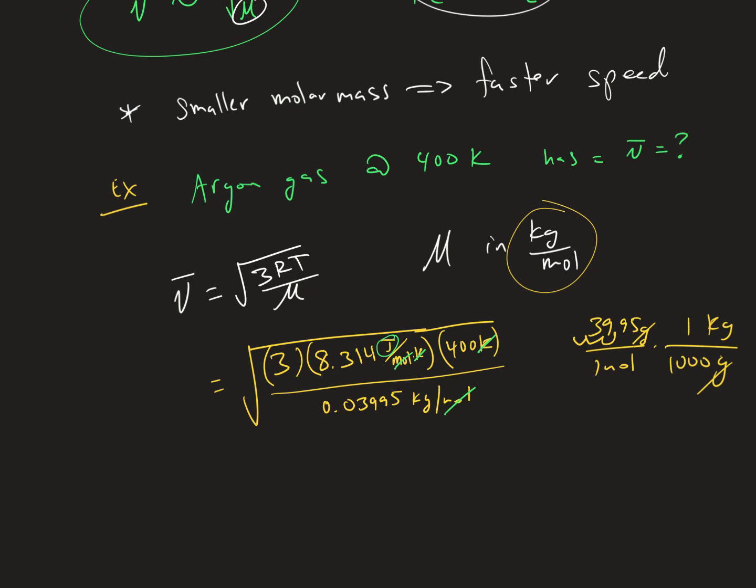If you have kilograms, it'll cancel out and you'll have meters squared per second squared. Then you square root that and it's going to be meters per second. Or you can know that a joule is a kilogram meter squared per second squared. Your call. Okay?